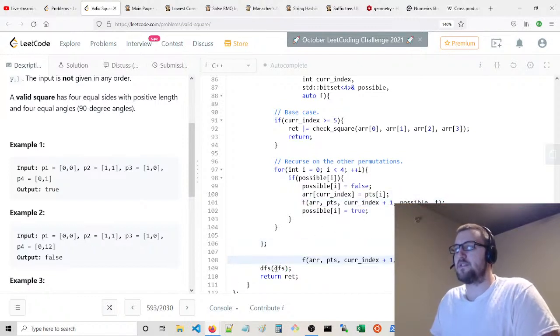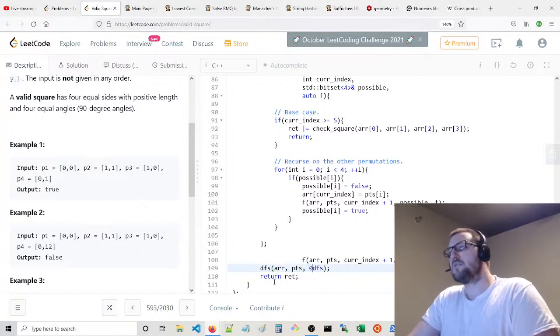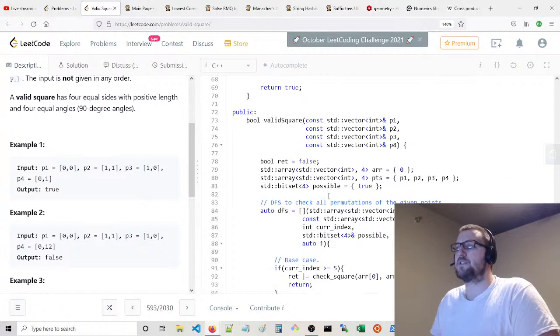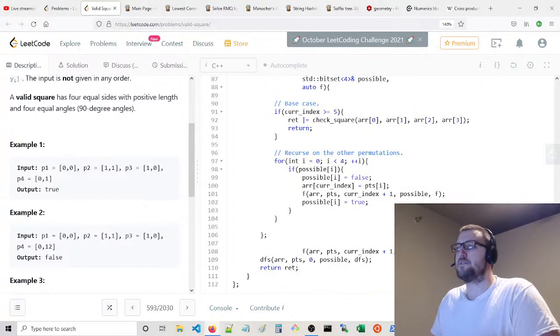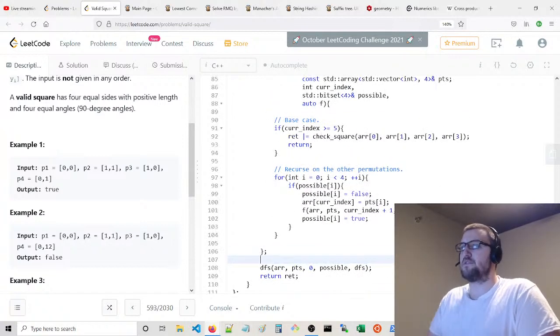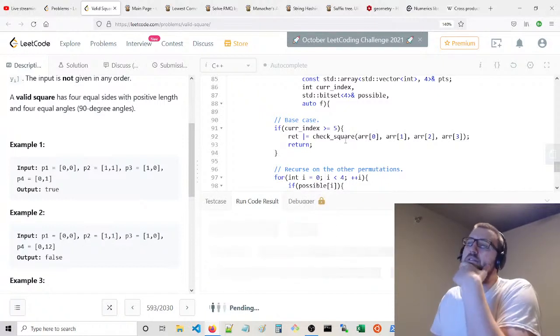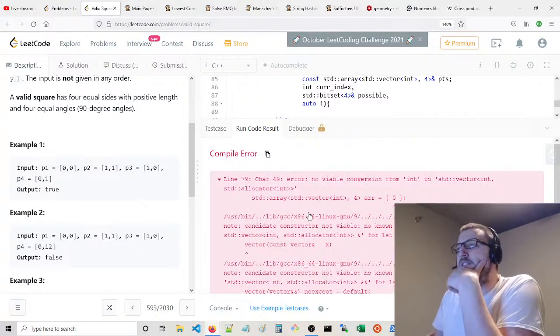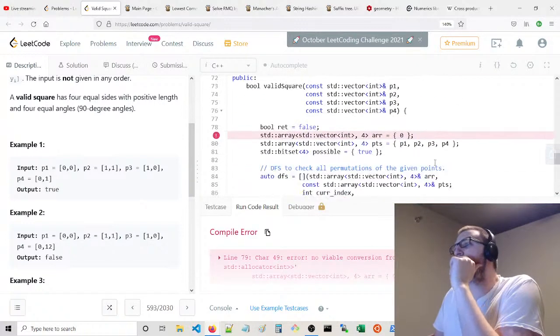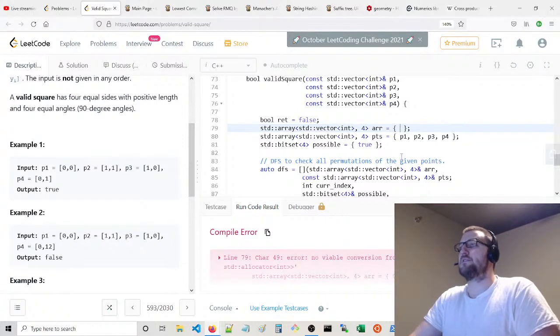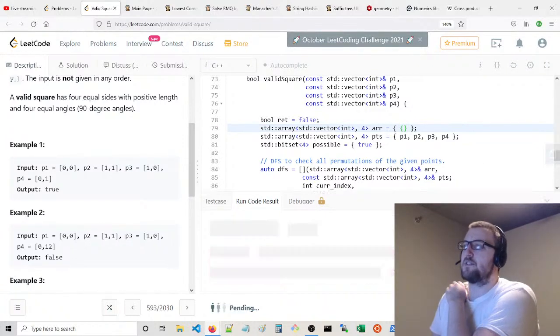Initial index is 0. So I have these bit sets, array, points, possible. Let's see what we get if we do this. Conversion from int to standard vector int. Initially this is just empty vectors, more or less.